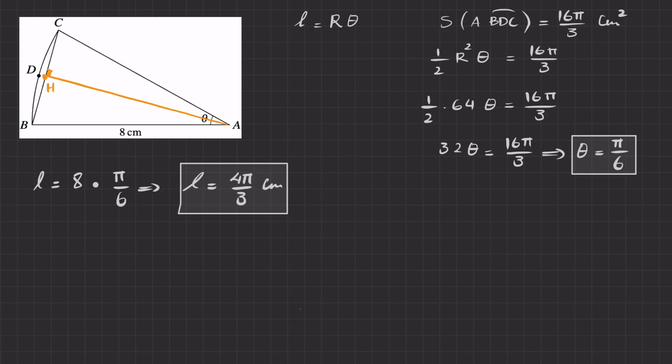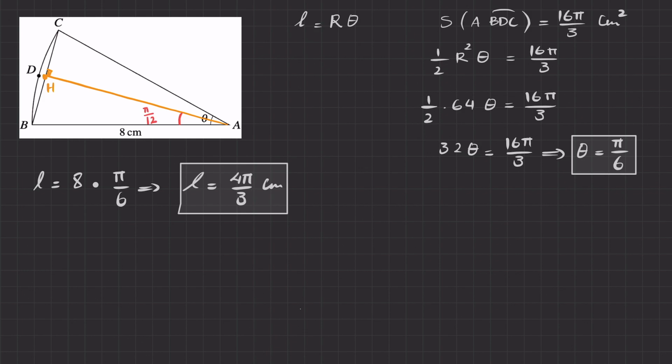So what does it mean? It means that BC is 2 times BH, and this angle is theta over 2. Theta was π/6, so when I divide it by 2, it becomes π/12.